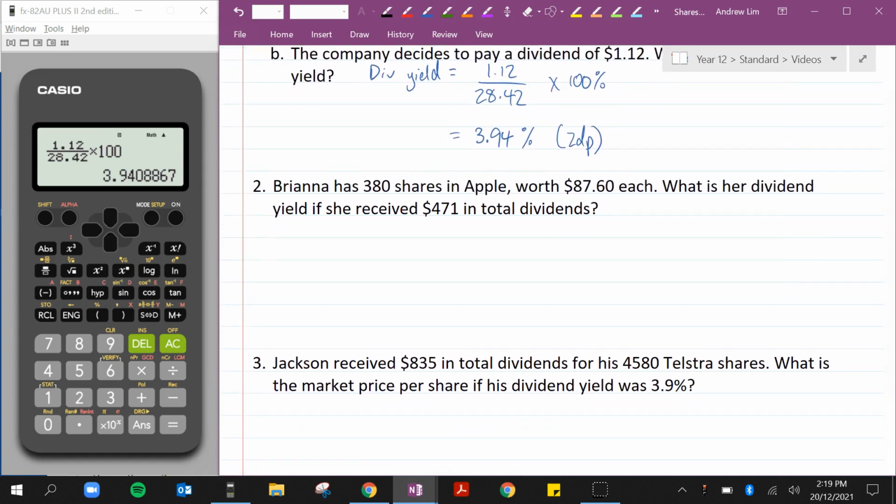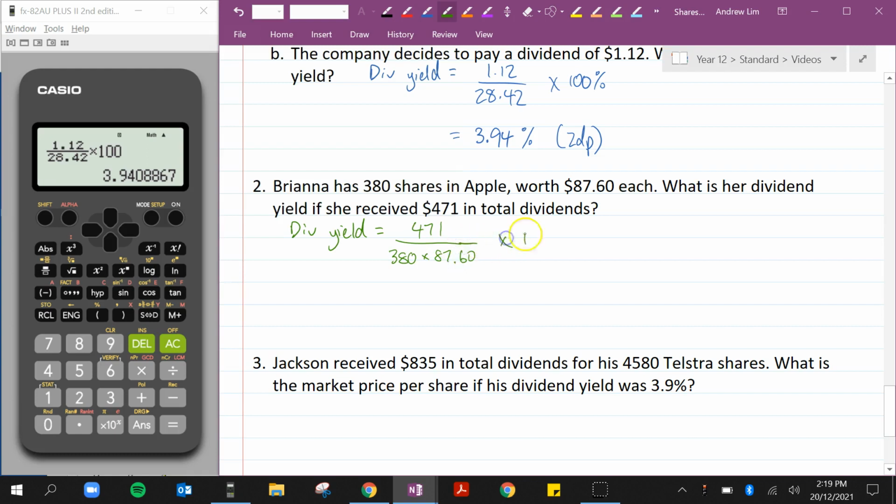Alright, question 2. Brianna has 380 shares in Apple worth $87.60 each. What is her dividend yield if she received $471 in total dividends? So dividend yield, we know is going to be a percentage. So we're going to take her total dividends and divide it by the total value of her shares. She's got 380 shares at $87.60 each.